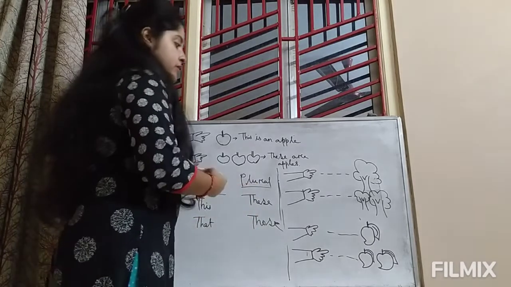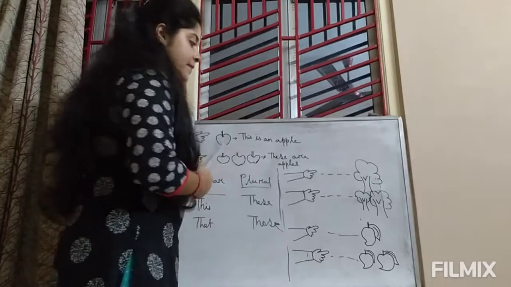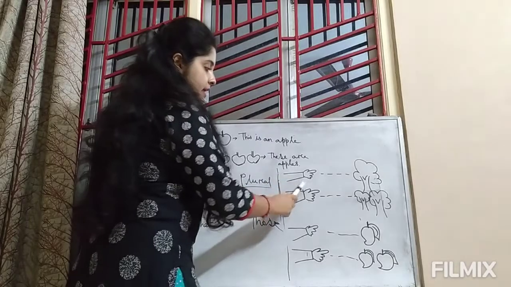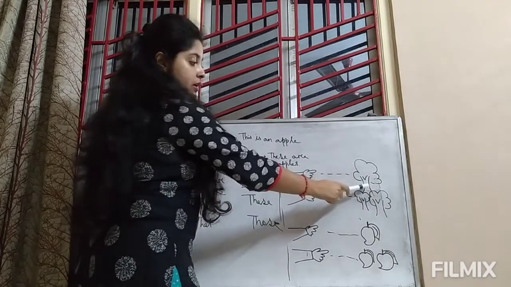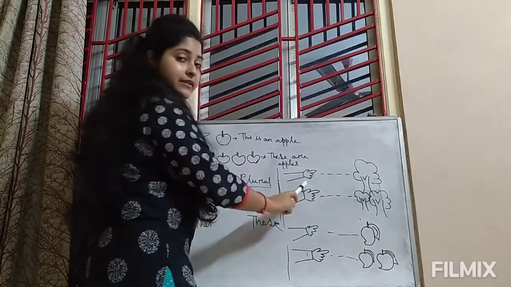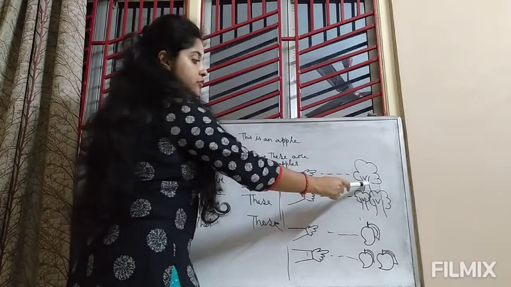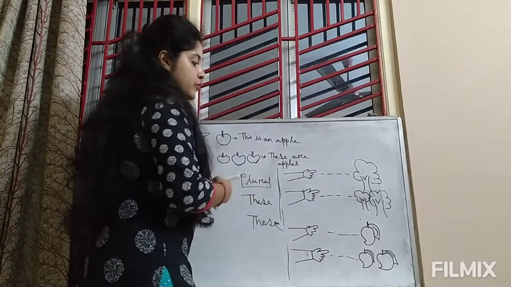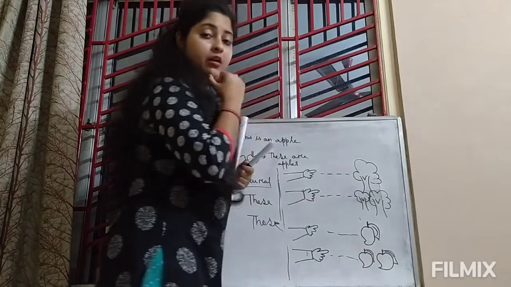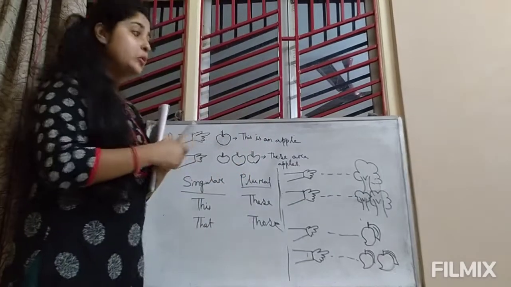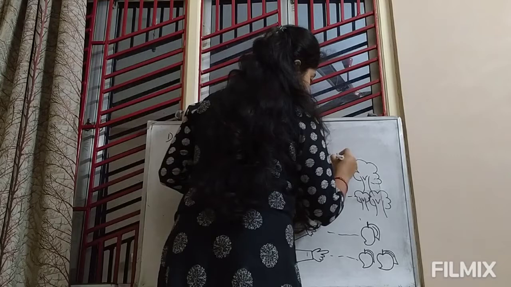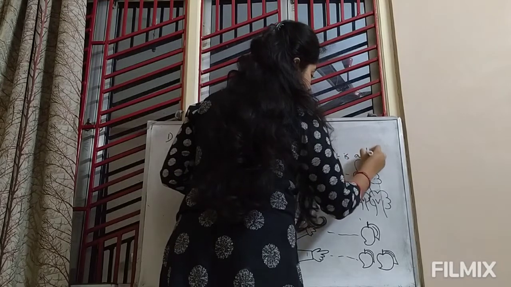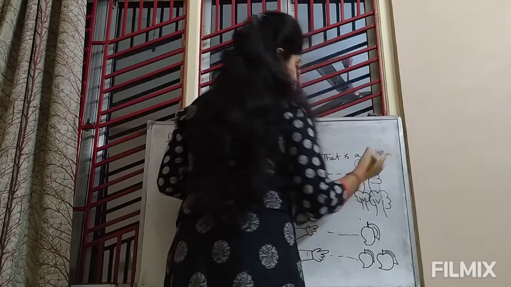Now look at these pictures, you can understand it easily. Here we can see that the tree is far from the hand. The tree is far from the hand, right? So what will we say? We will say, that is a tree.